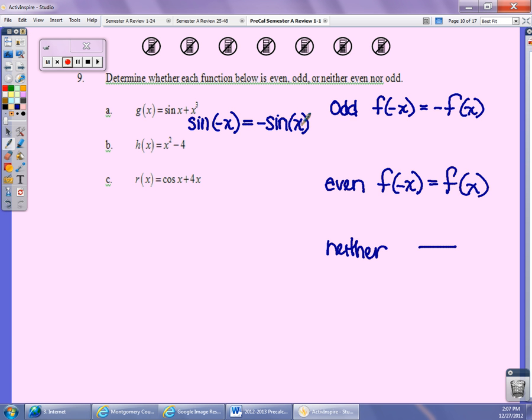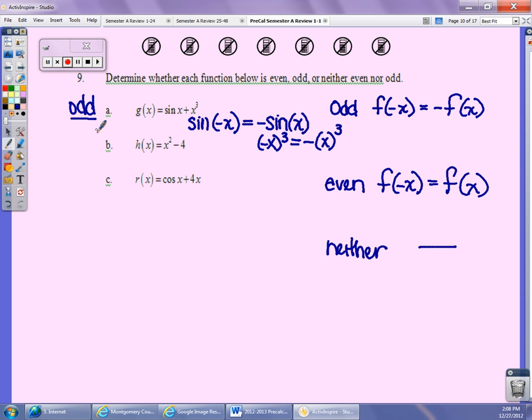So now let's look at the other part of the function, which is the x to the third part, and let's see what would happen if we plugged in a negative x to the third there. Would that be the same as negative x to the third? And the answer is yes, it would, and therefore a is an odd function, both of its parts being odd.